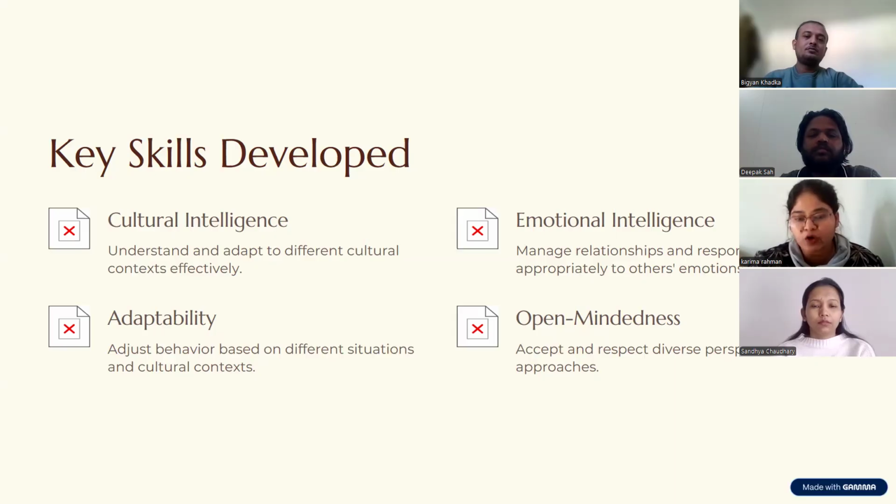And finally, open-mindedness, which means accepting and respecting diverse perspectives and approaches. Together, these skills enable leaders to communicate better, lead diverse teams successfully, and perform confidently in a global setting. That's all for me. Now I invite our next group members to continue this presentation.